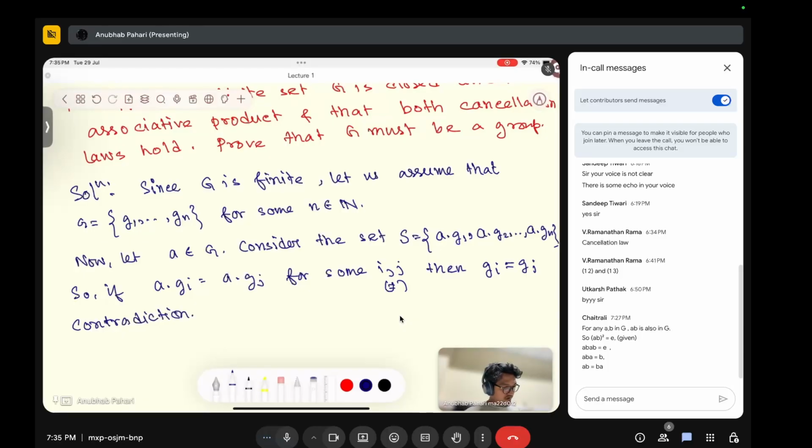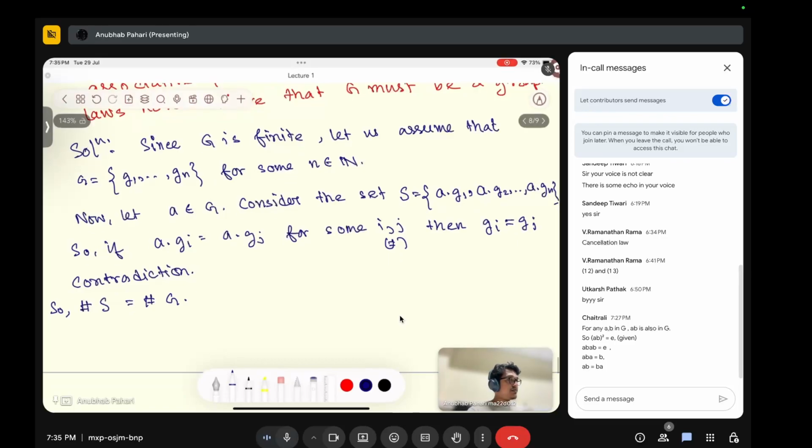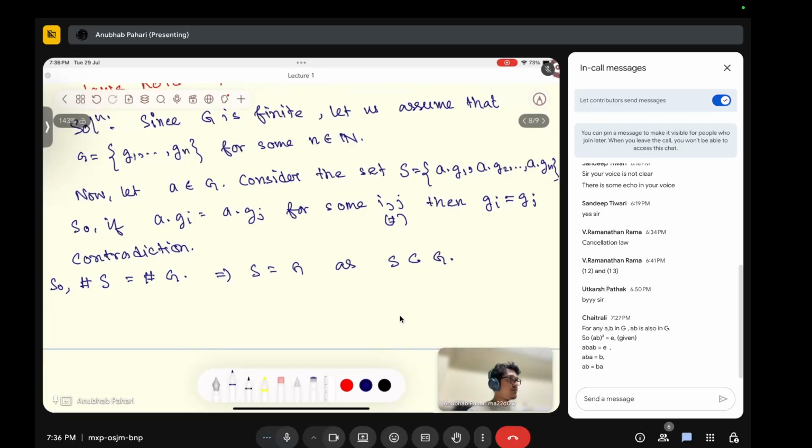So cardinality of S equals cardinality of G. That means this implies S equals G, right? As S is a subset of G. Therefore, a belongs to S, right?